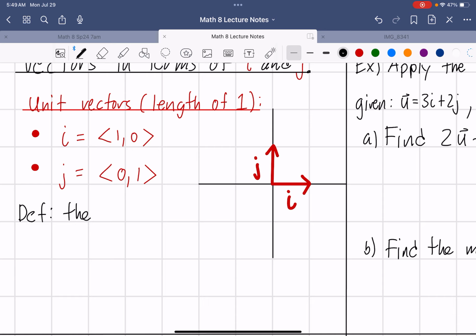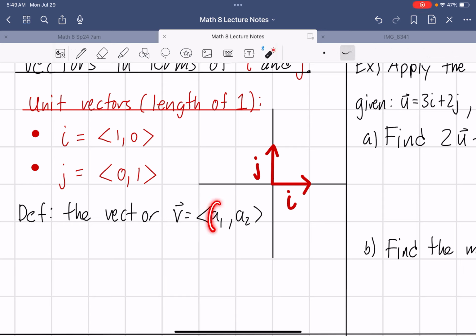Okay, the vector <a sub 1, a sub 2>, right? These are just the x component, y component of a vector.